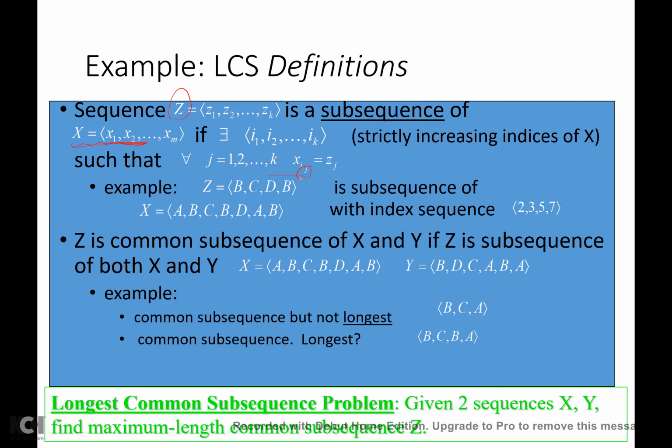We use j from 1 through k to identify the elements in specific order.